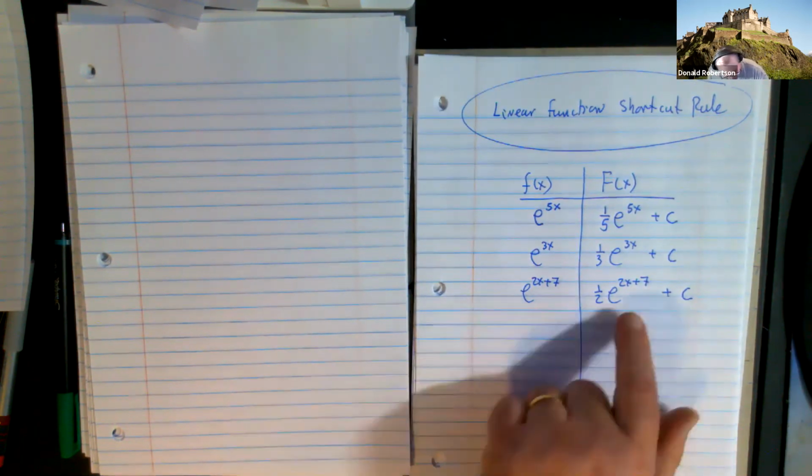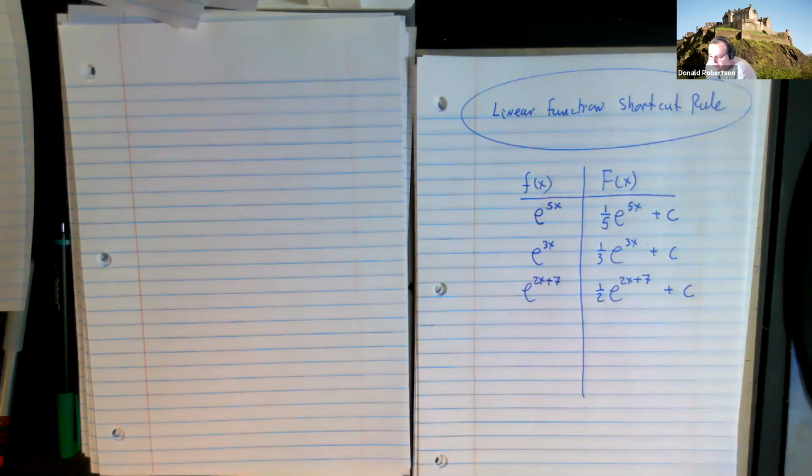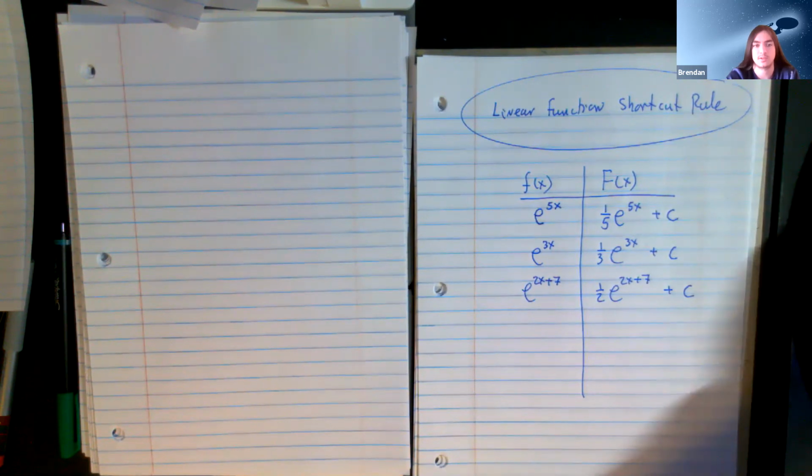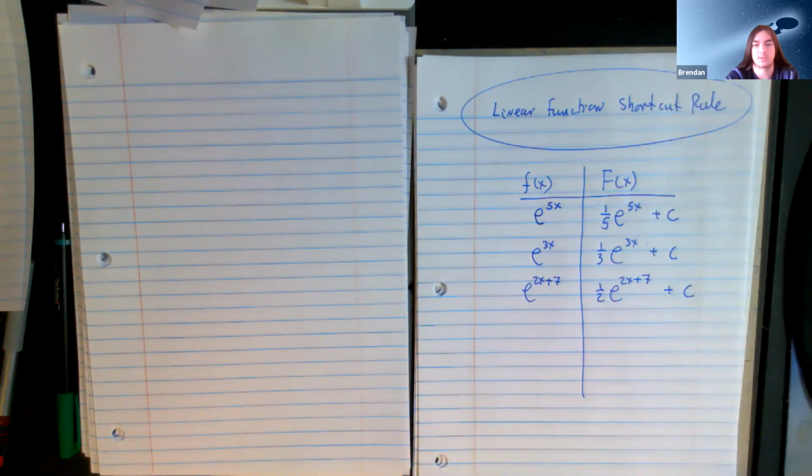Does anybody want to try and describe what you do in English? Because it's quite hard to describe in English, but I'll take a shot. It looks like you take the exponent and take its derivative and then just divide the function by that derivative and keep everything else the same.